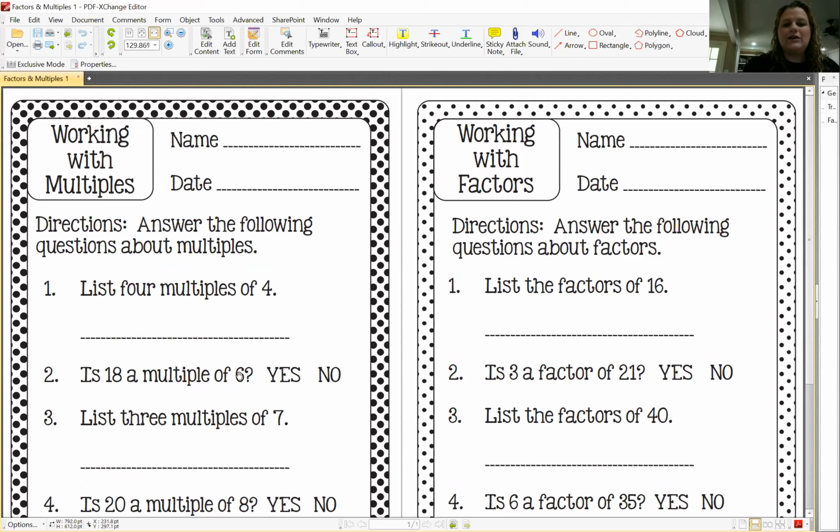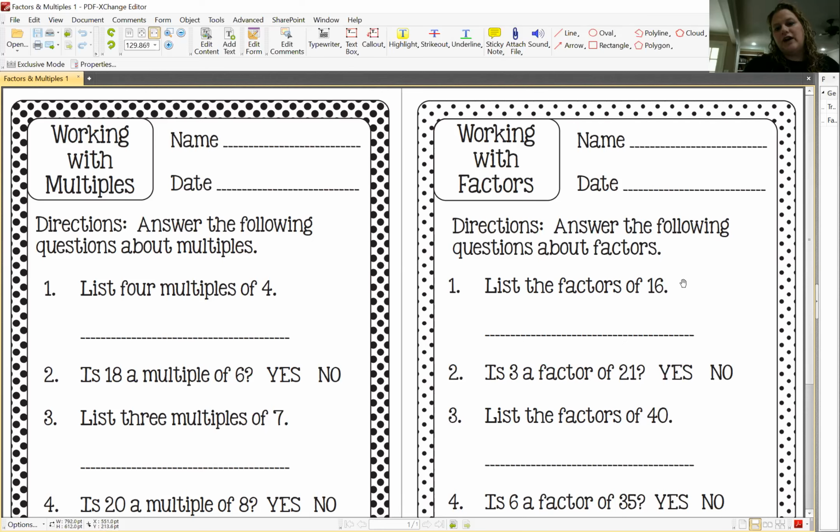If you were doing 6 times 1, 6 times 2, 6 times 3, 6 times 4, would 18 ever be on that row? Yes, because 6 times 3 is 18, so yes, that's a multiple. List 3 multiples of 7. You would do 7 times 1 is 7, 7 times 2 is 14, 7 times 3 is 21.